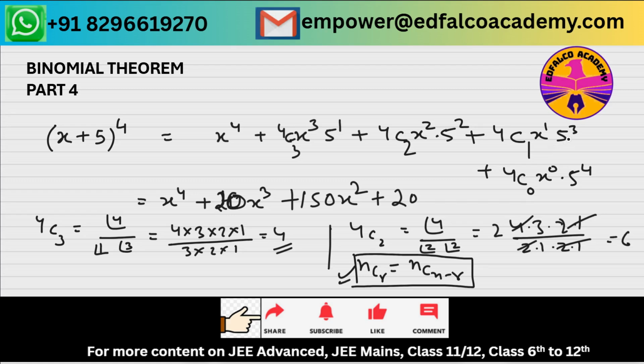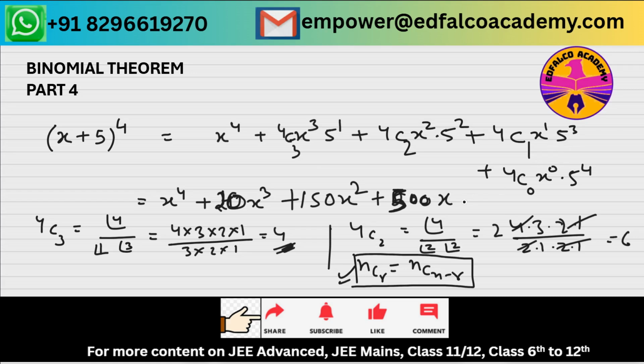Then you multiply it with 5^3, which is 5 into 5 is 25, into 5 is 125. So 125 into 4 should give you 500, and 500 multiplied by x will be the term 4C1 x^1 5^3.